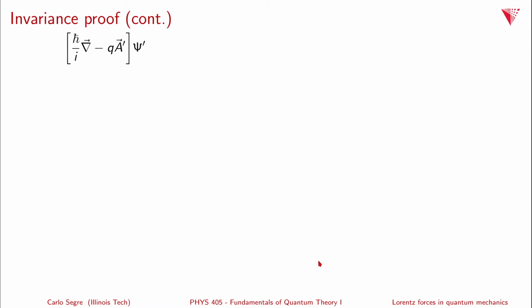All right, in order to do this, we have to first find out what the initial term in the Hamiltonian, h bar over i gradient minus q times A prime applied to psi prime, will give us. Well, we're going to substitute in for our expected value of psi prime, and we're going to substitute in for A prime as well.